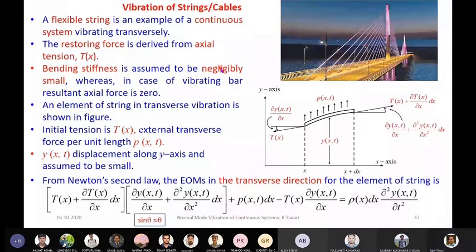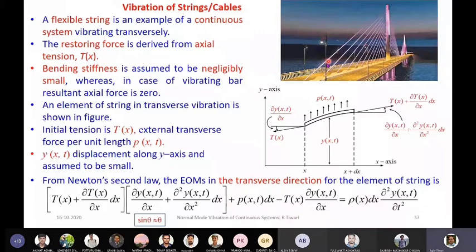The transverse flexibility of this cable is negligible if there is no tension in the cable. So the initial tension must be there in the cable so that it can have transverse flexibility. We are talking about the axial tension of the cable being constant.